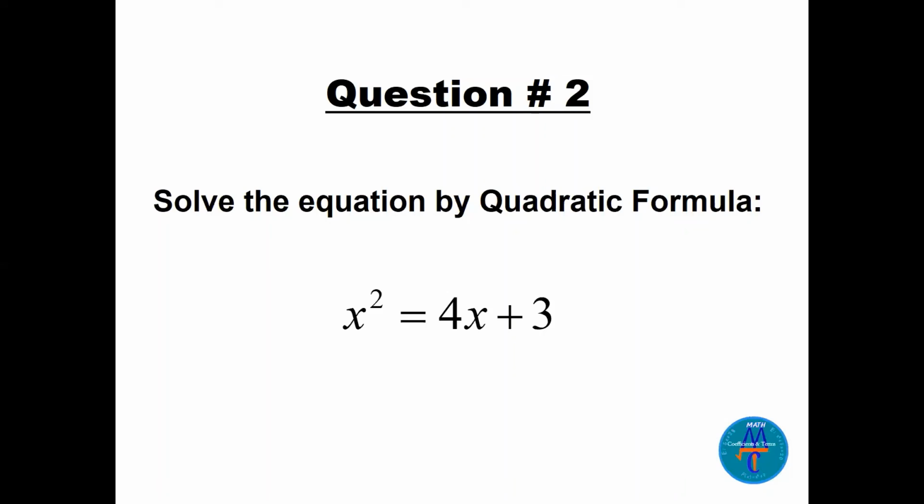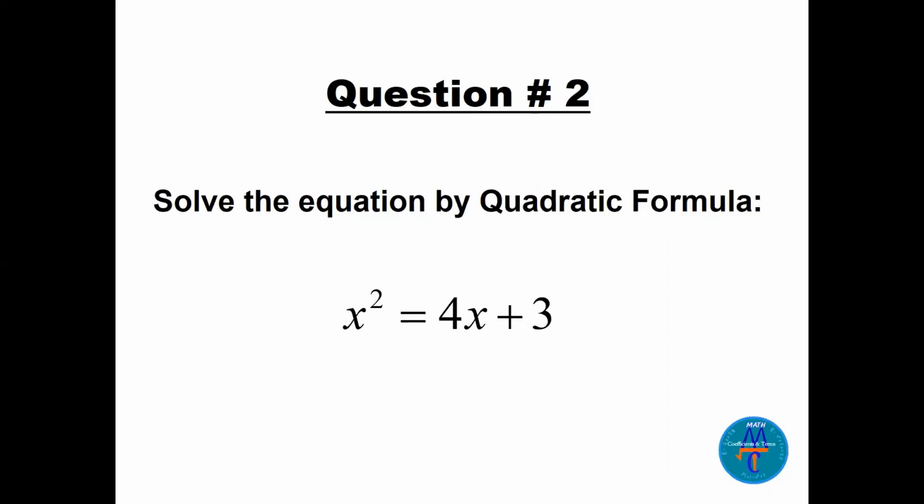Before you do the quadratic formula, you have to rearrange. See x squared, you bring 4x on this side with the minus, bring the 3 on the other side with the minus, equals 0. You can pause the video for a few seconds if you would like to try, and then you can check the next slide.